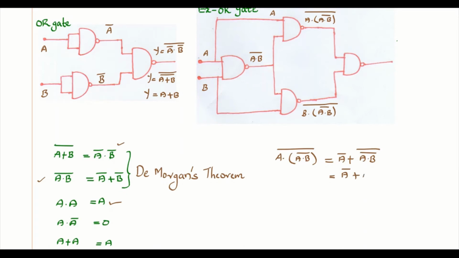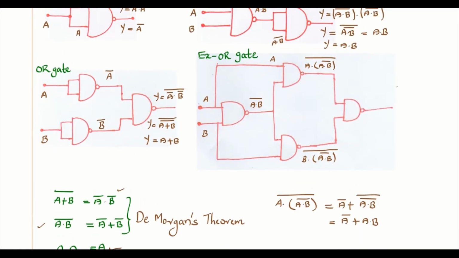So A dot A dot B complement equal to A complement plus A dot B complement, which is equal to A complement plus A dot B. So the output of the second NAND gate is A complement plus A dot B. Similarly, the output of the third NAND gate would be B complement plus A dot B.